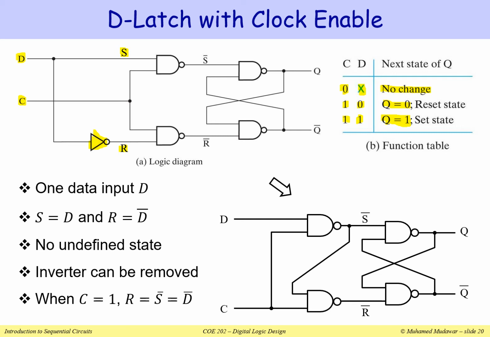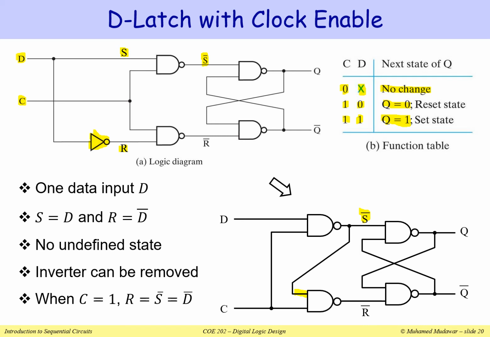Now notice that this inverter here is necessary so that you can always make R to be the complement of S. So S here will be equal to D, and R will be just the complement of D. Now, a simple observation is that when the clock is enabled, S bar here is the complement of D. So why not connect S bar here to the input of the second NAND gate?